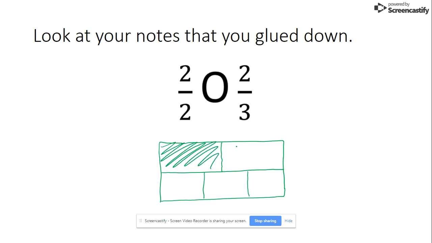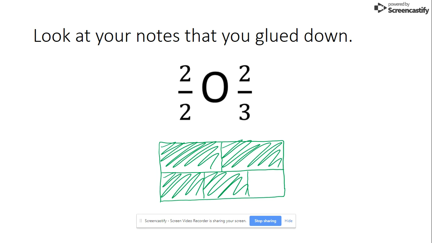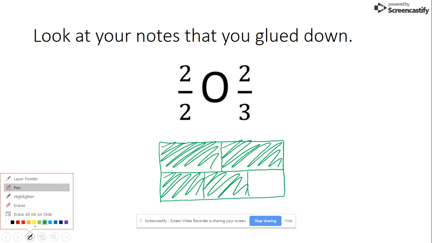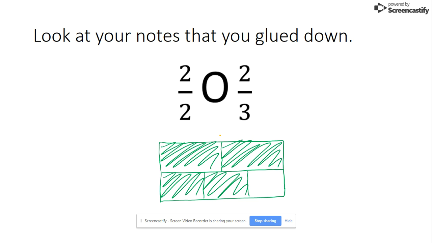I'm going to shade in 2/2, and then I'm going to shade in 2/3. Which one is bigger? Again, if I look at what I shaded in, I have more on that top rectangle than I did on this bottom one. So 2/2 is greater than 2/3.